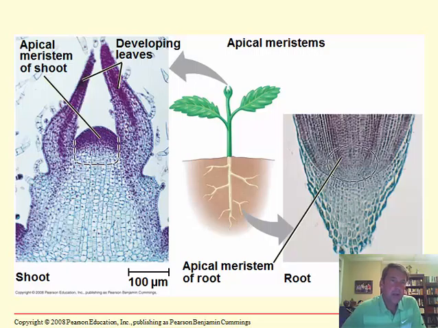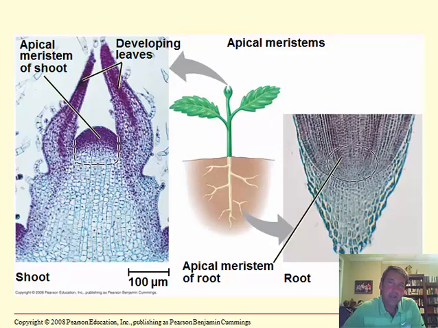Okay, so the next thing we want to look at is beginning to look at the major groups of plants. And we can divide these up into different divisions. And the first division we're going to look at is the division Bryophyta. Bryophytes include mainly the mosses. There's a few others, liverworts, but mainly the mosses.